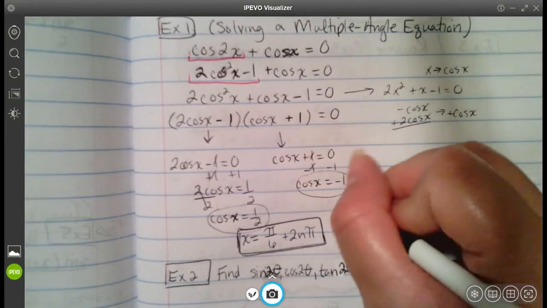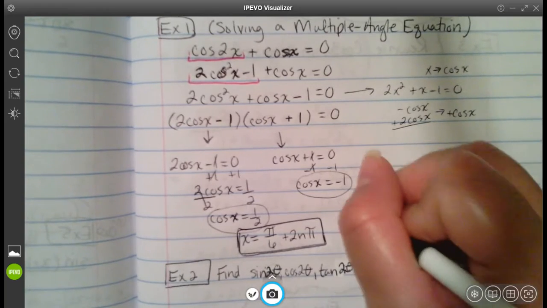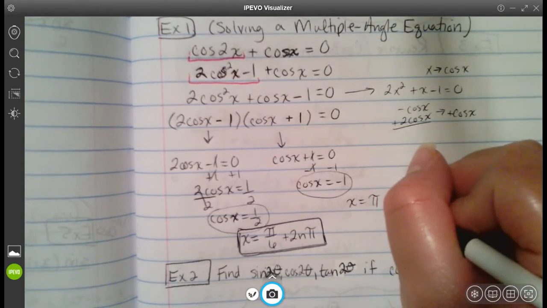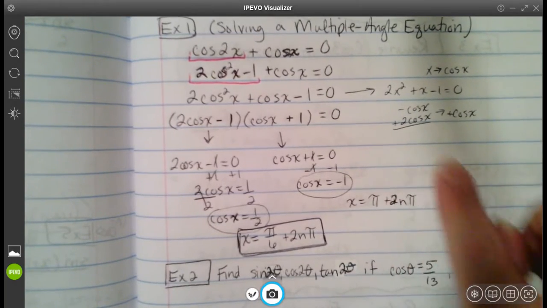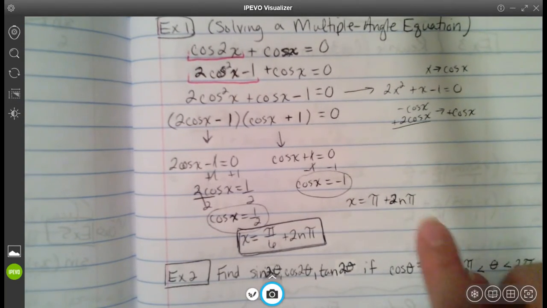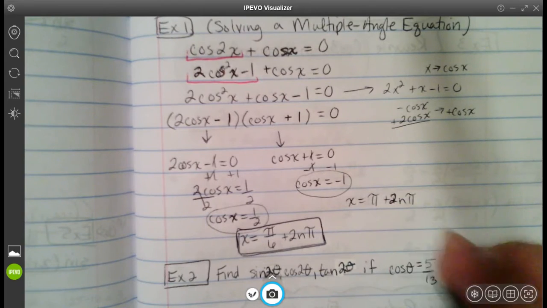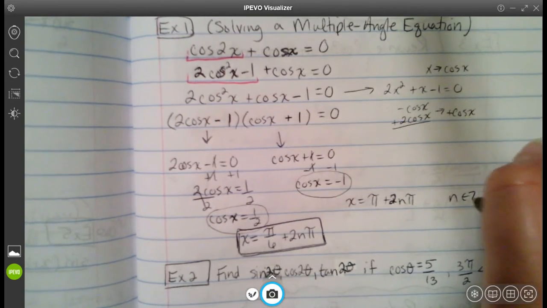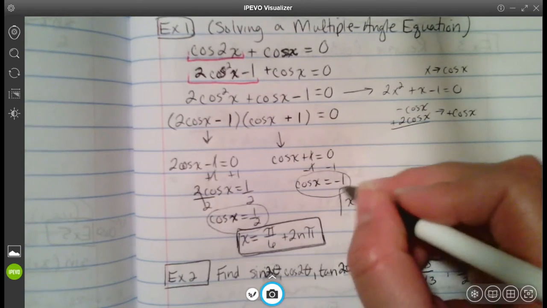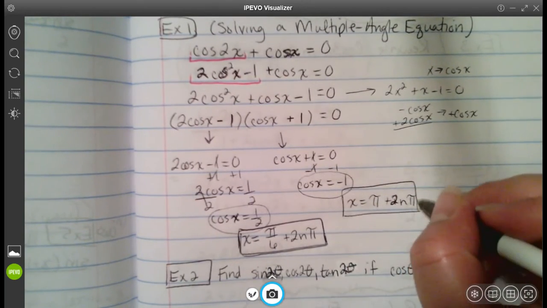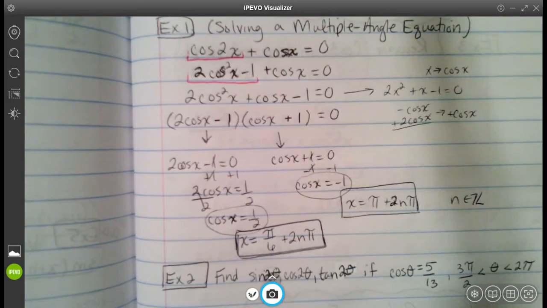So x is equal to pi plus 2n pi, meaning if I go around and around n times, where n is an integer, I'm going to land on that same spot. And that's the answer to this first one.